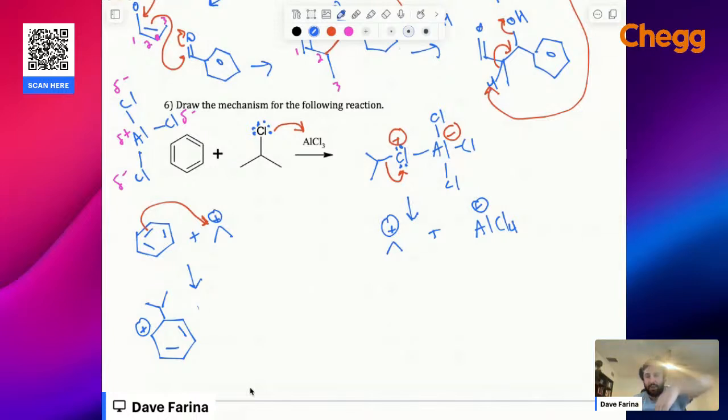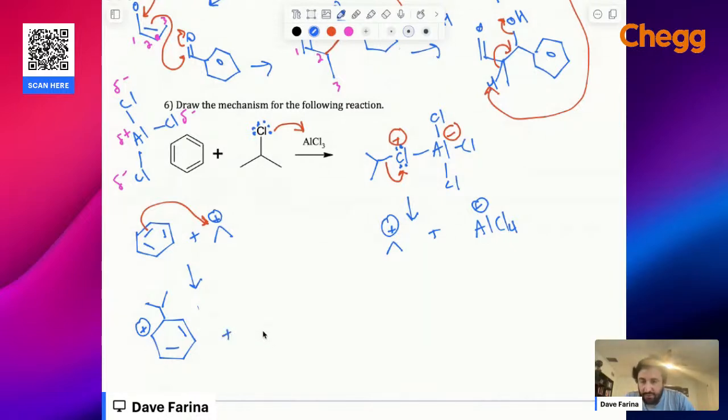So that pi bond went like that, grabbed that alkyl fragment. So this top carbon didn't lose any bonds because it was in that pi bond and it lost that pi bond, but now it's got another sigma bond to that fragment. But this one right here lost a bond because it was participating in that pi bond, and then that pi bond left. So we've got a cation there.